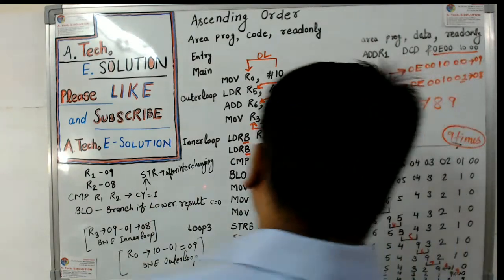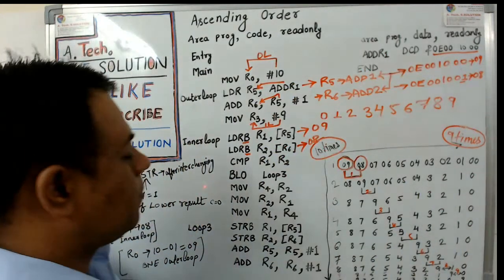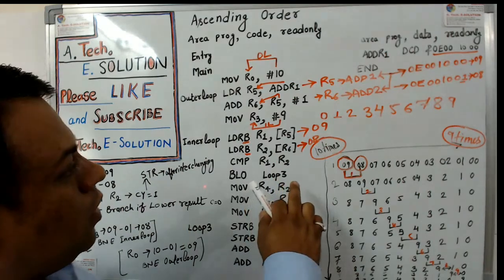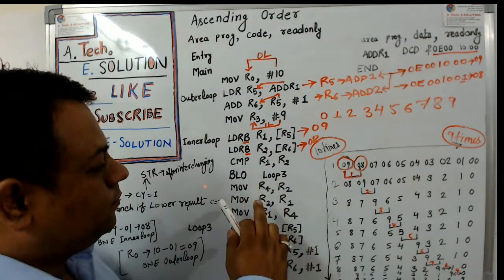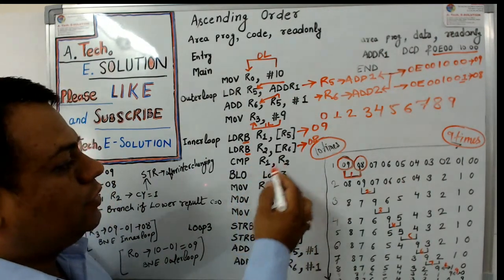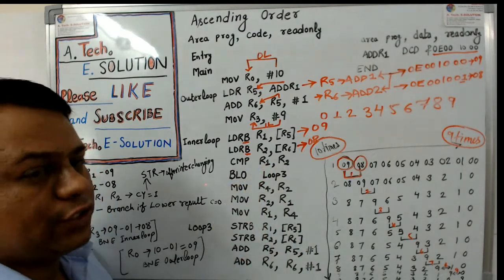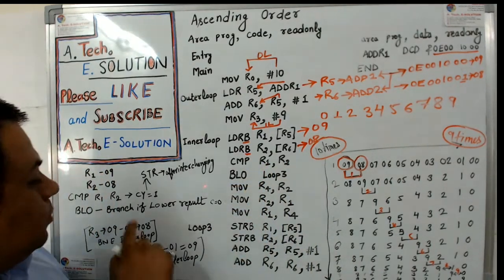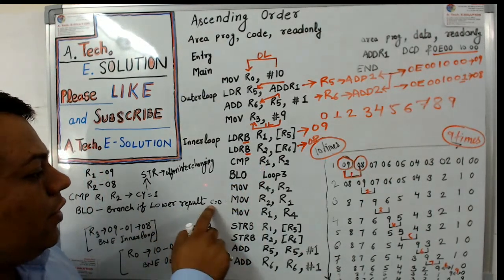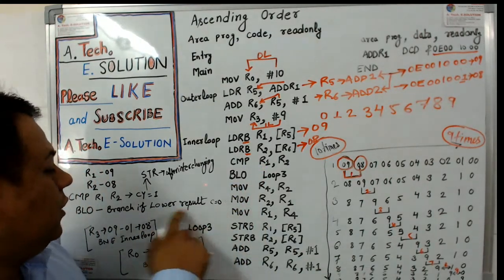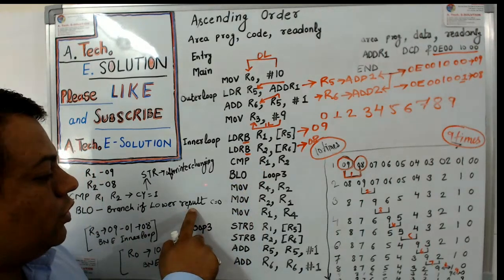So in this case, we use the compare instruction, and after that the BLO instruction. BLO is branch if lower: if the carry is set, then this branch is executed and it goes to loop.